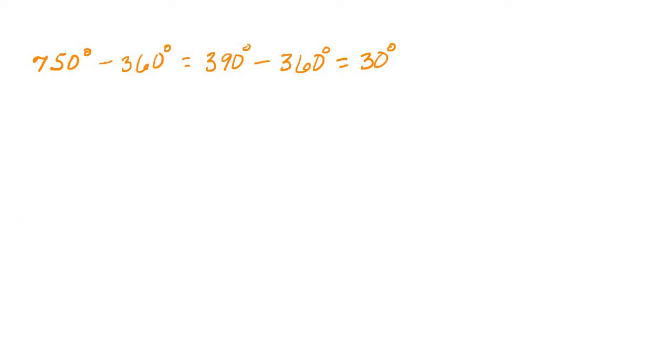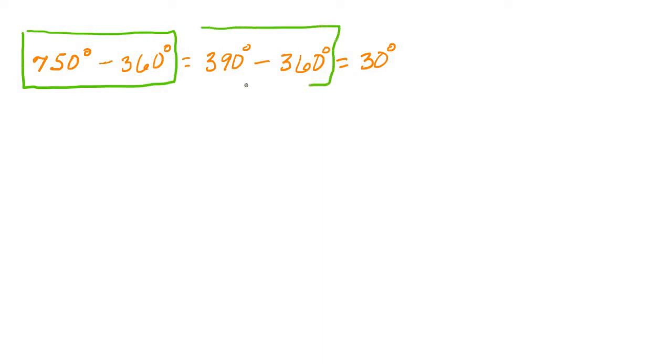What you're saying here is that 750 minus 360 is equal to 390 minus 360, which is equal to 30. You're saying that all those three things are equal, and they're not. 750 minus 360 is not 30.